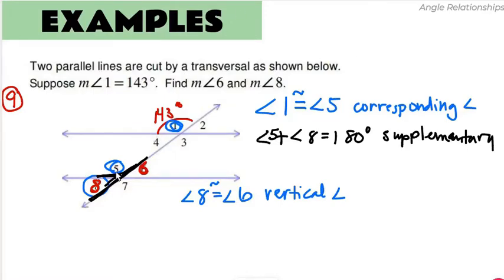Well, how big is angle 5? Oh, it's 143. Okay. So 143 plus angle 8 is going to equal 180 degrees. What would angle 8 end up equaling? Grab a calculator, do the math. 37 degrees.